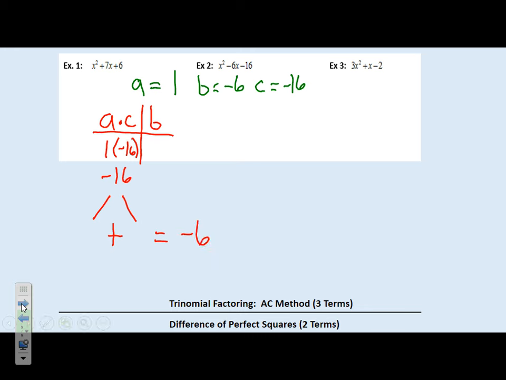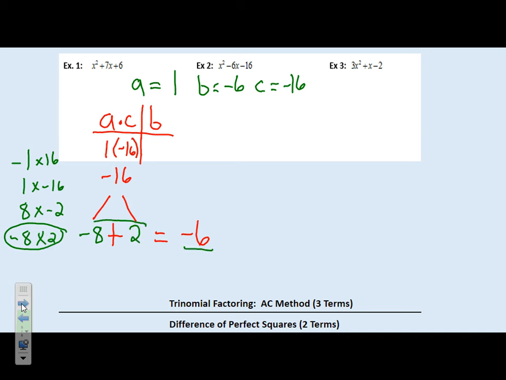So if I think about 16, I could do 1 times 16. And remember, if it's negative, one of them has to be negative. So I could have negative 1 times 16. I could have 1 times negative 16. What else? I could have 8 times negative 2. Now if I do 8 times negative 2 and I add it up, I get a positive 6. So I'm going to do negative 8 times 2. This is the one that's going to work for me, because when I take negative 8 plus 2, I'm going to get negative 6.